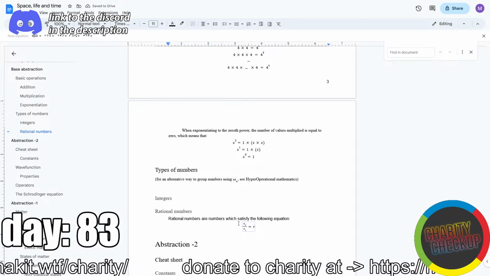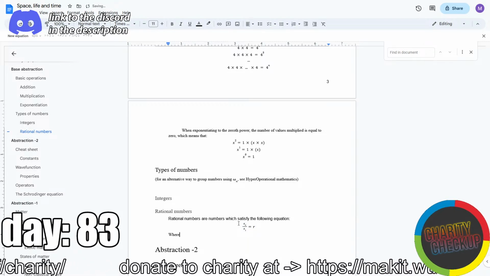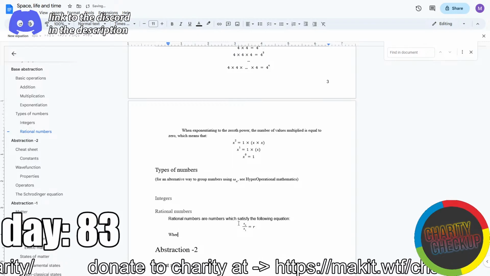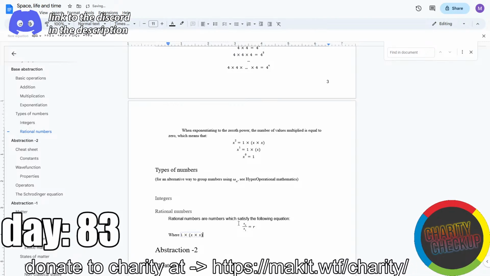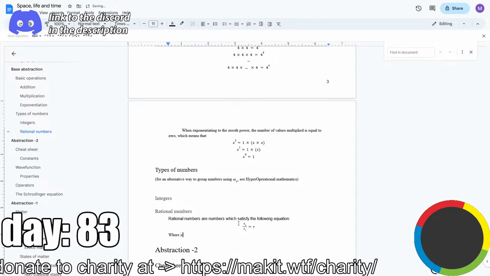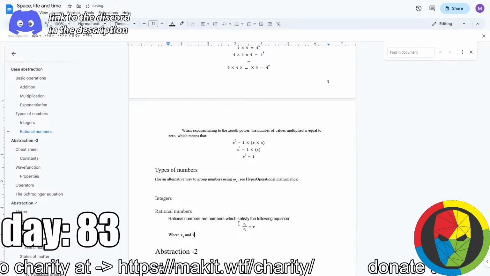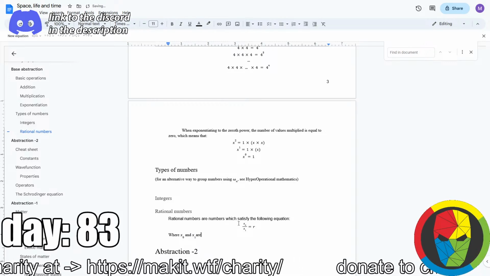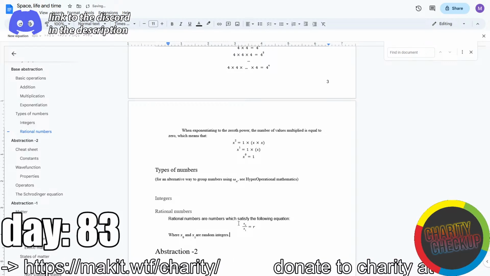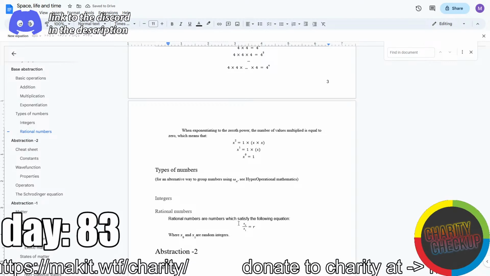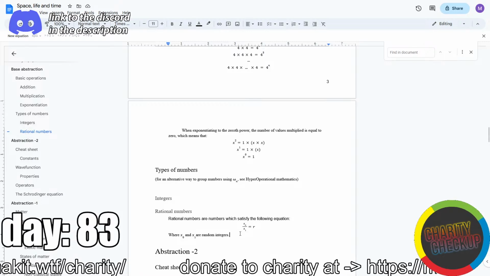Okay, using r here is a dumb idea, but as a placeholder, let's do it. Where x0 and x1 are random integers, and there we go. That's it. That's the entire definition of a rational number. Irrational numbers are also easy to explain.